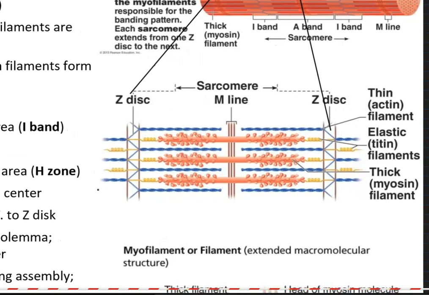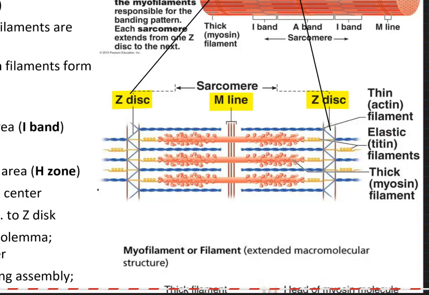An individual sarcomere is bound by two Z-discs. The sarcomere itself consists of several different types of filaments, and each of these filaments is composed of its own specific type of protein. In the center are several filaments that form what's called an M-line.